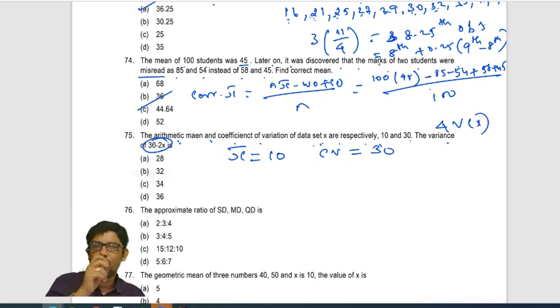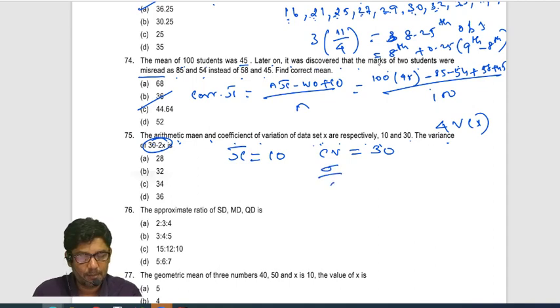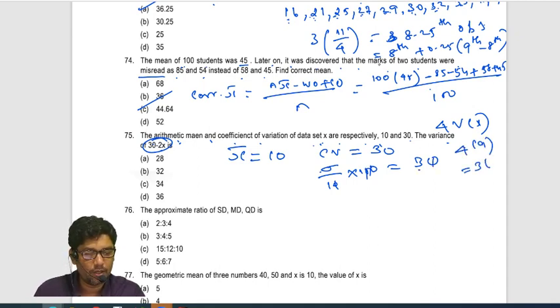So if you want to find 4 times variance of x, I need to find out what the standard deviation is. So sigma by x bar into 100 is equal to 30. What is sigma? I don't know. But what is x bar? 10. Cut. So sigma is equal to 3. So variance is 9, and 4 times that is equal to 36.